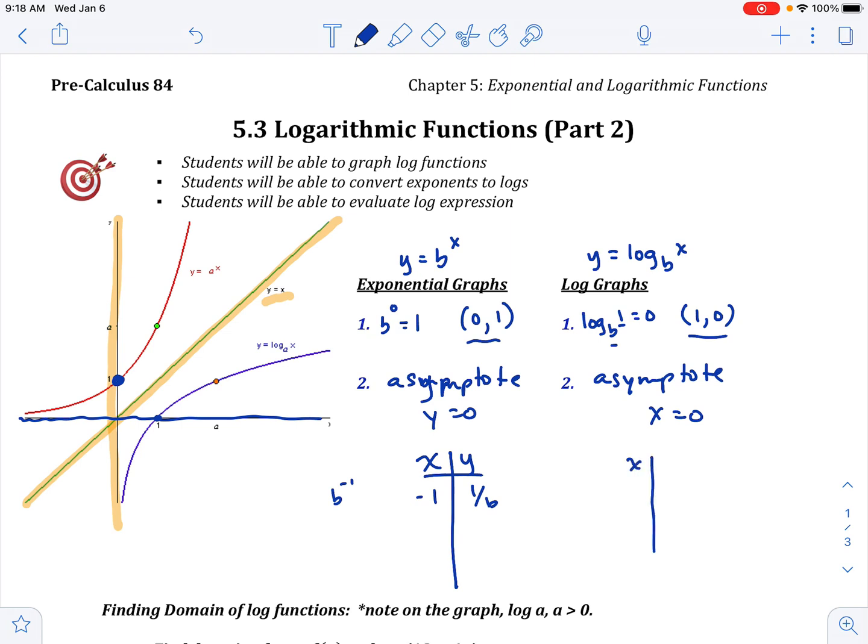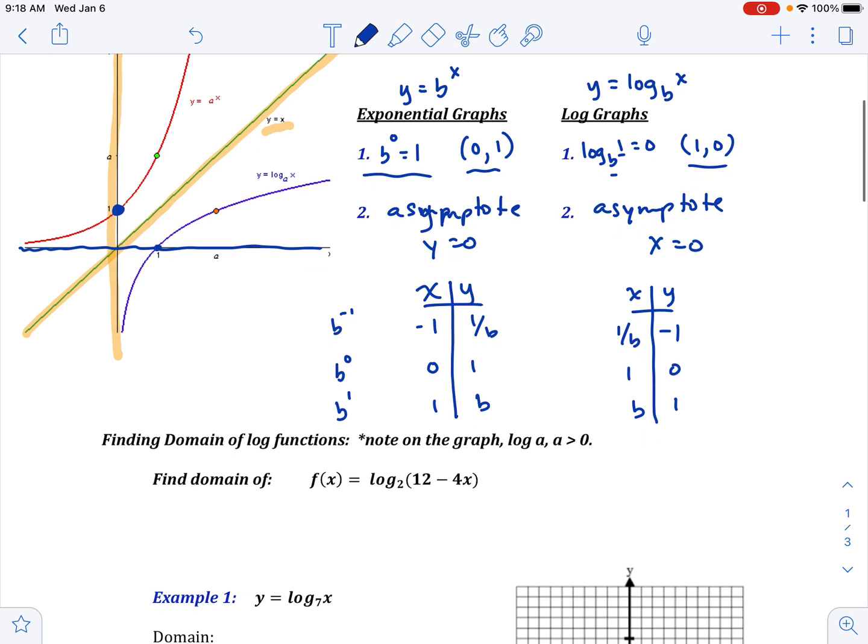Well, in terms of logs now, I have 1 over b comma -1. We see up here that if we did b to the 0 power, we got 1, so 0 comma 1. We already talked about 1 comma 0. And then I said, well, what if you did b to the 1 power? Well, that means it would just stay a b, and so now we're going to have b comma 1.